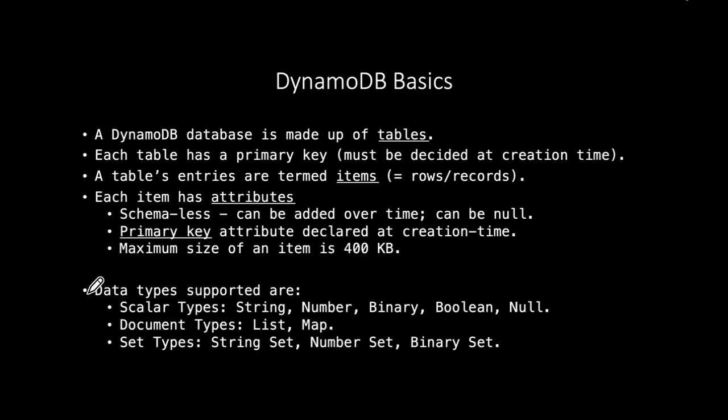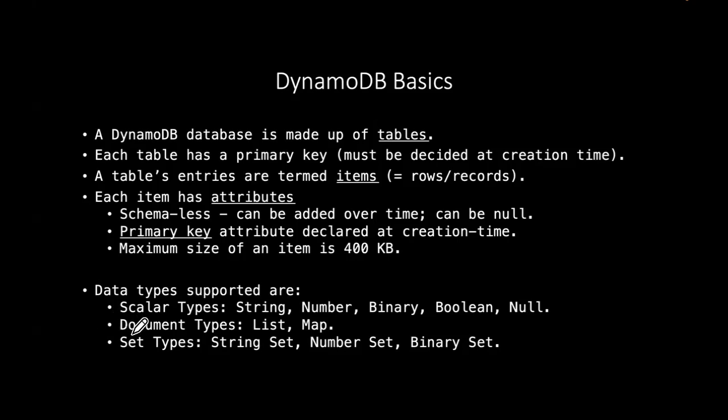Now, DynamoDB has its own data type system, which is unique to it, I suppose, really, although the first part isn't. Obviously, it understands scalars, and the scalar types are the ones that we're familiar with. It has the document type.